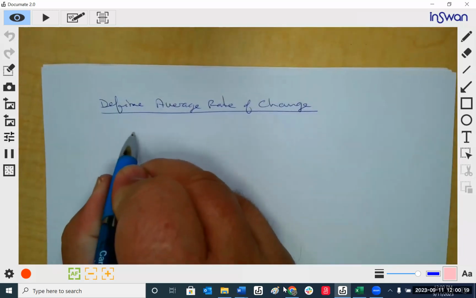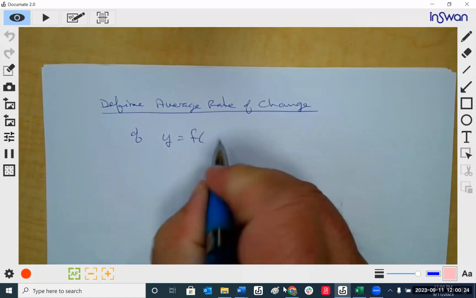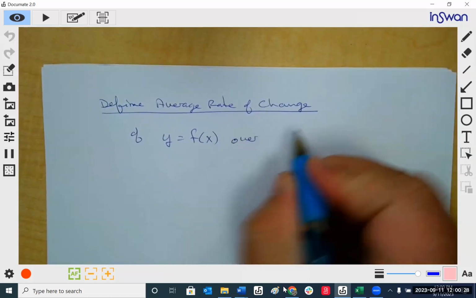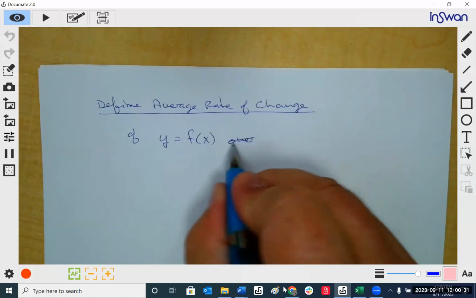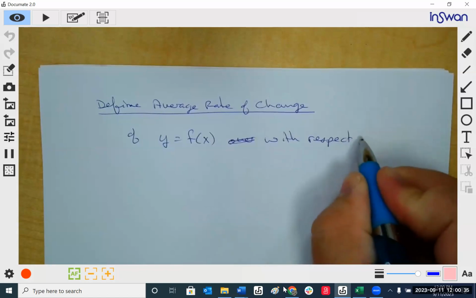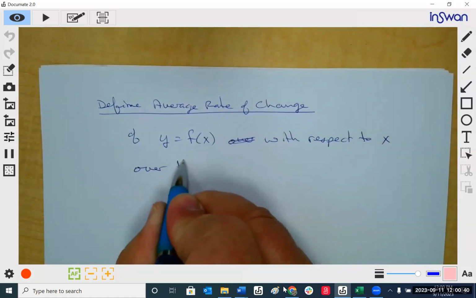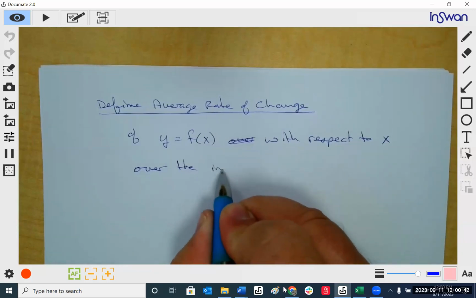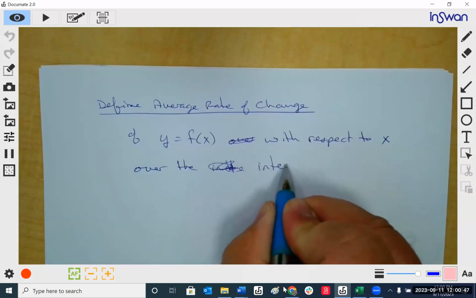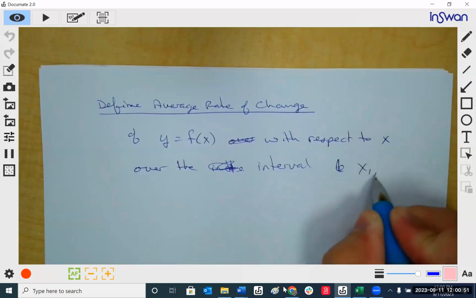The average rate of change of y equals f of x with respect to x over the interval x1, x2.